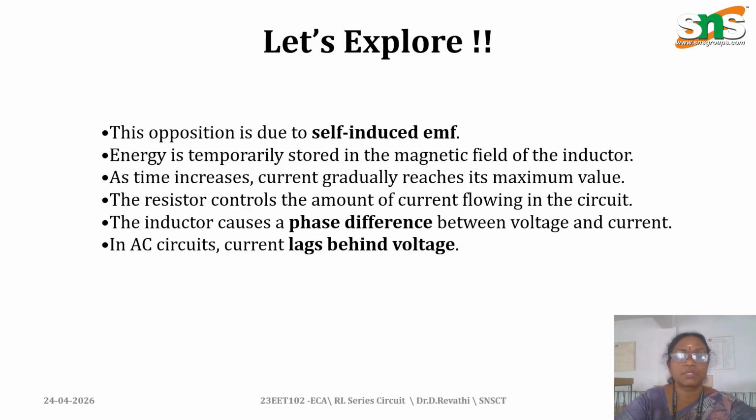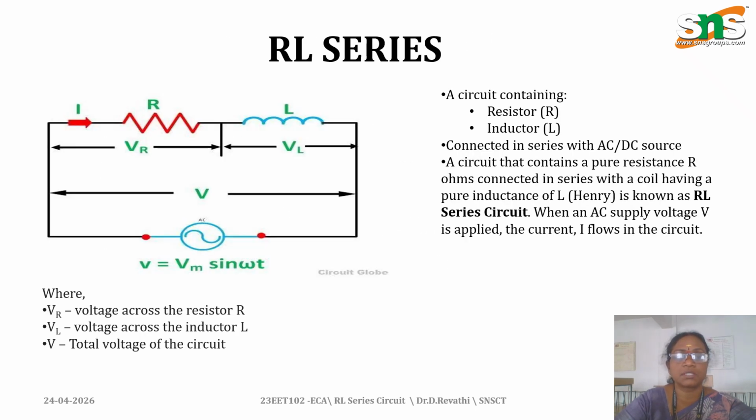Next we have to see the RL series circuit. The circuit shows R and L connected in series, and we give the supply V equal to Vm sin omega t. If we give the supply, the current flows through the resistance and inductor, and the current through both is the same. That's why it is called a series circuit.